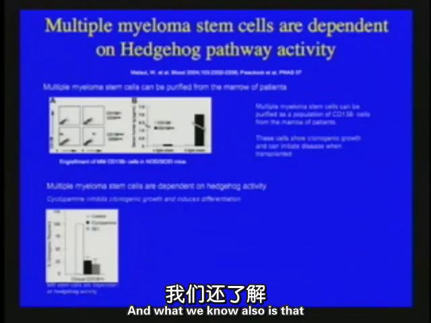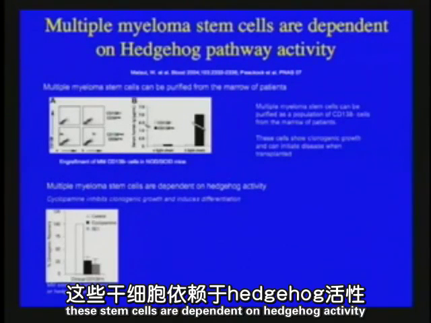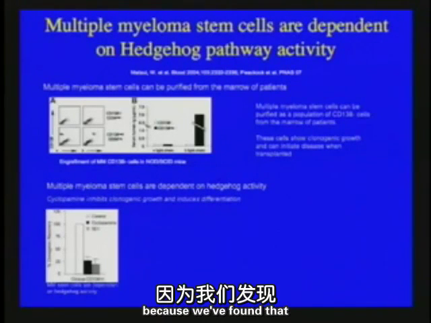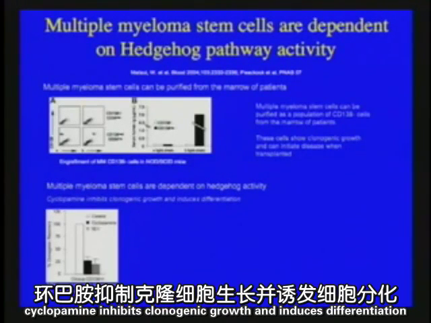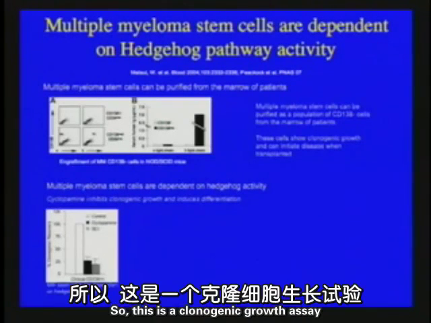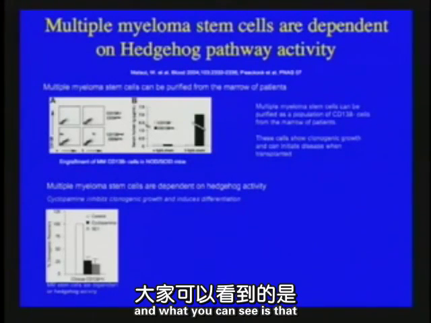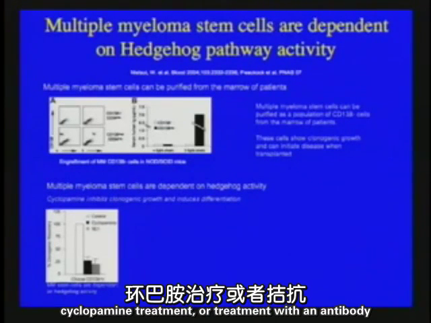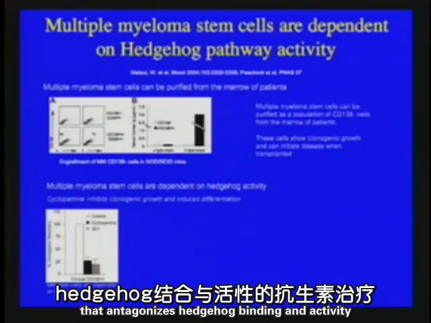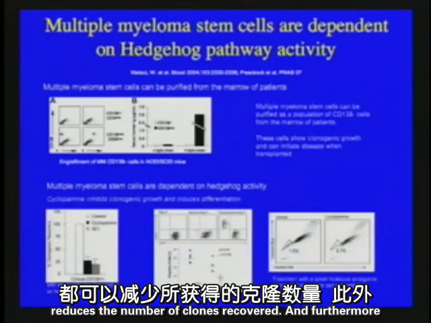And what we know also is that these stem cells are dependent on hedgehog activity, because we find that cyclopamine inhibits clonogenic growth and induces differentiation. So this is a clonogenic growth assay, and what you can see is that cyclopamine treatment, or treatment with an antibody that antagonizes hedgehog binding and activity, reduces the number of clones recovered.